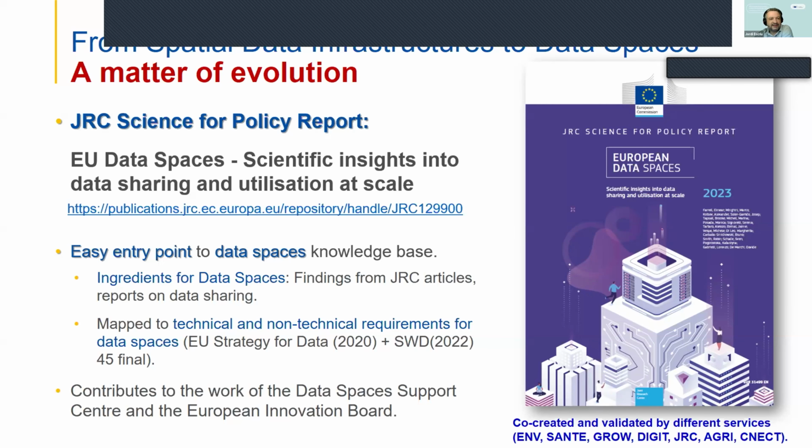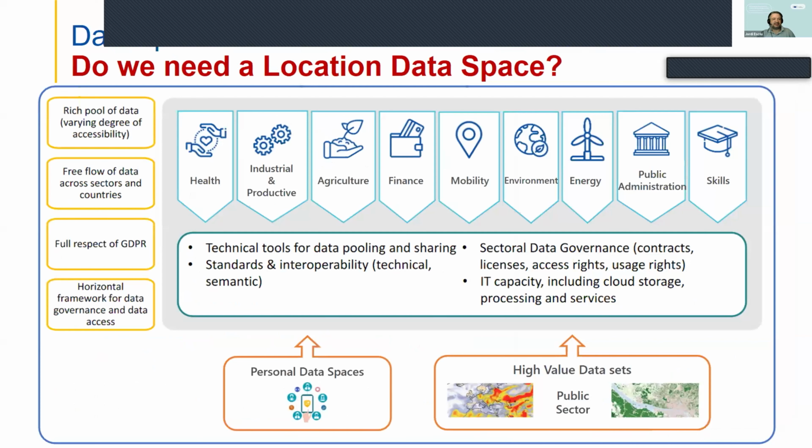And let's go to the topic today about the location data space. So, do we need one location data space? This is a very good question. As you can see in this slide, the European Commission started this outline of different sectors, which is limited, let's say health, industrial, agriculture, finance, mobility, environment, energy, public administration, and skills.